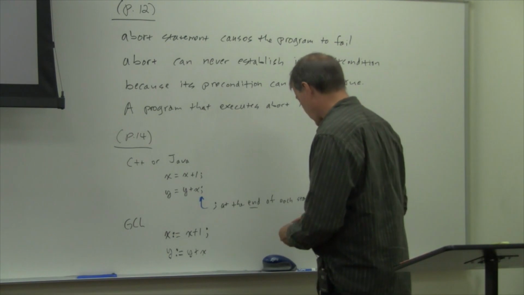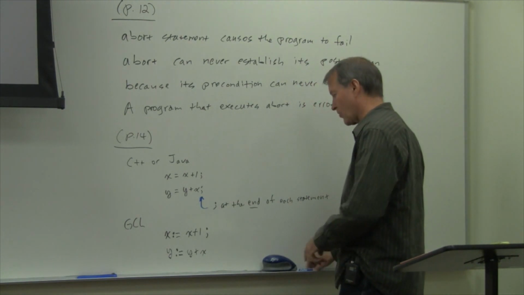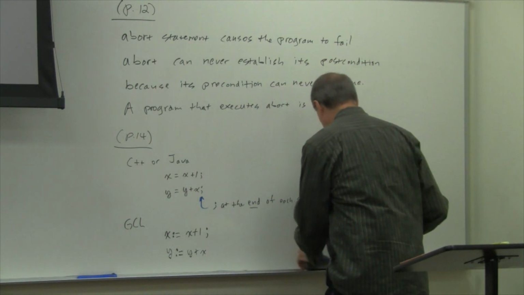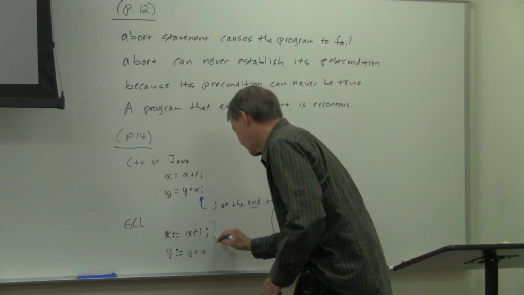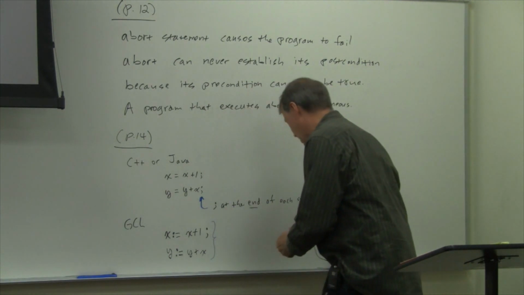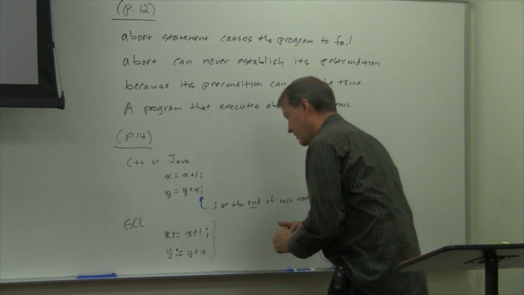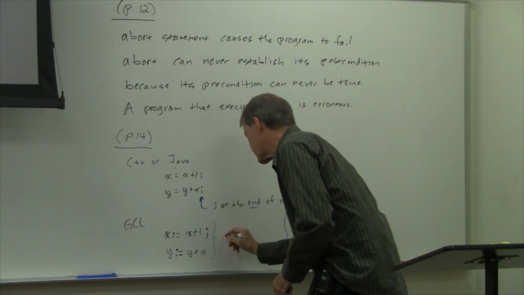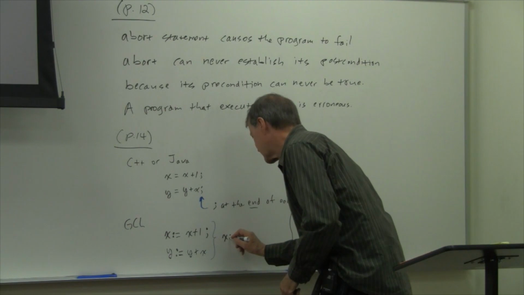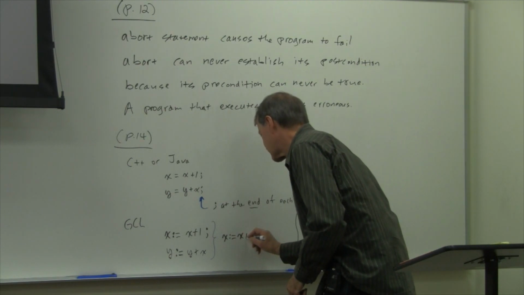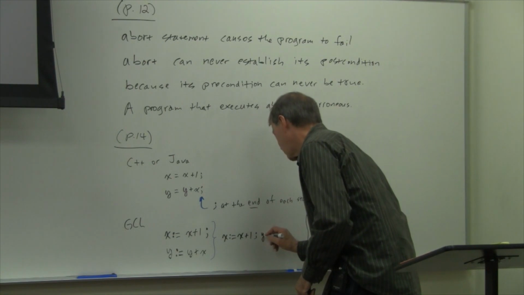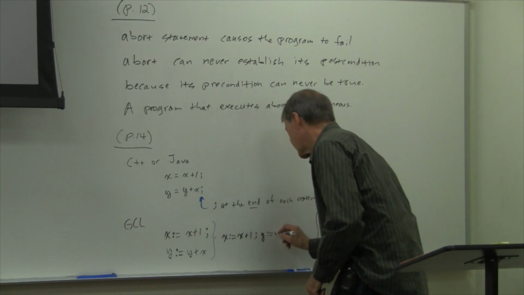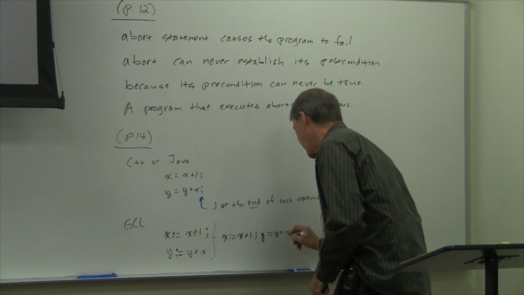Whether you write it on the next line or not is immaterial. You should think of this like this: x gets x plus 1, semicolon, y gets y plus x.